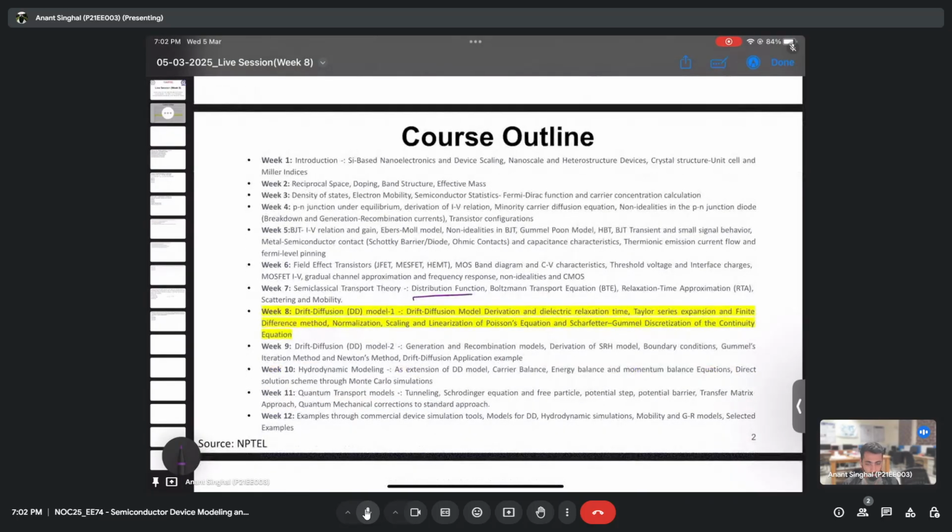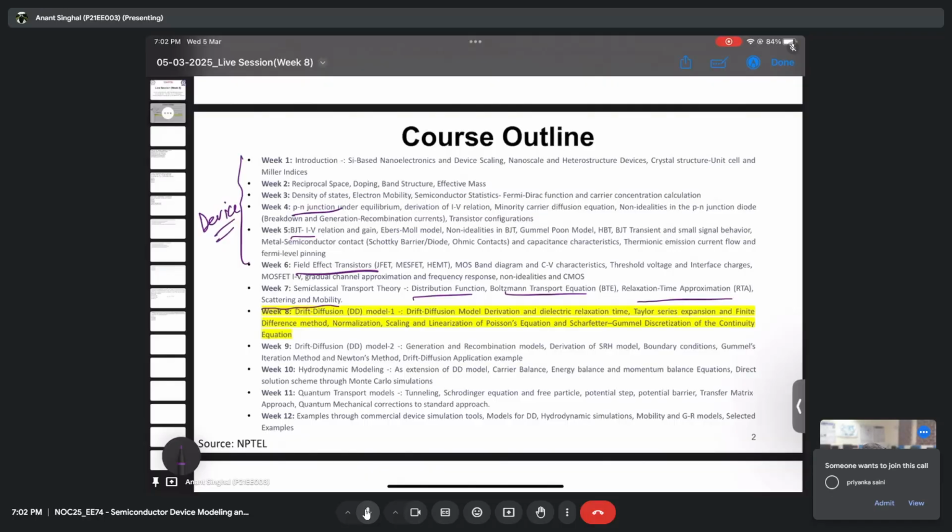We saw the Boltzmann transport equations, that is the BT equations, and the RTA was skipped because you can see the derivations in the video lectures. Then I covered some of the concepts of scattering and mobility, and we did a lot of numericals regarding the same. So we have already covered the device part in the first 6 lectures. We covered the PN junction initially, then the BJT, then we went towards the main device, that is the MOSFET.